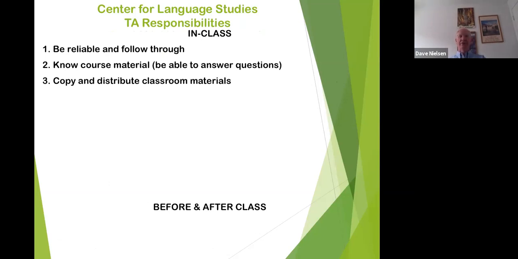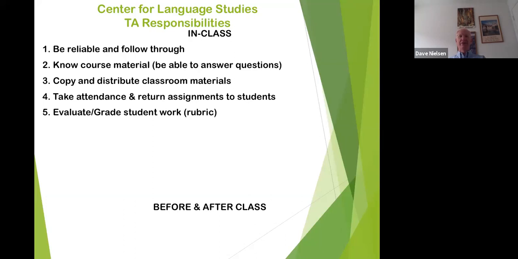Copy and distribute classroom materials, and you can do that either with a print card that you get from the instructor, or to be able to make copies in the Center for Language Studies copy room. To take attendance and return assignments to students, that's a very common task. To evaluate student work with a rubric, in other words, simple assignments and even quizzes can be graded by TAs. Provide instructors and students with technology assistance, especially during class, or Learning Suite, that's a common activity.